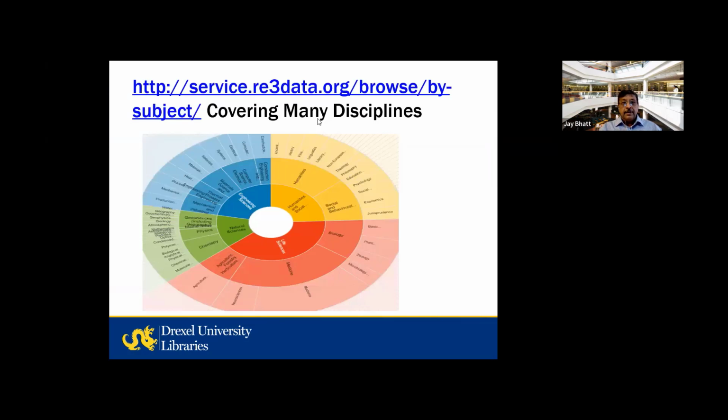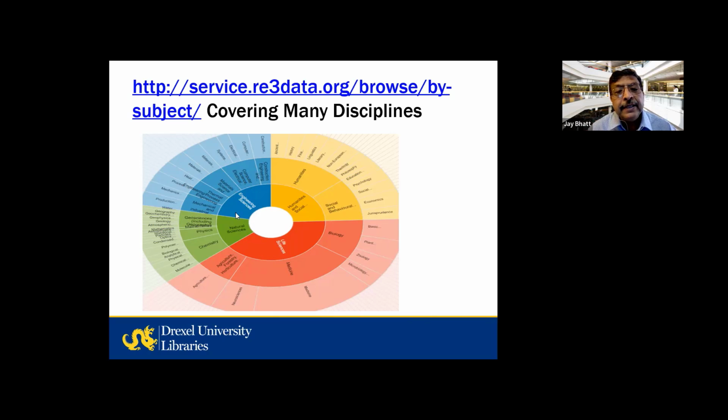Now, if you look at the subject areas here, I know it is very small, but there is a whole area for engineering and sciences, humanities and social sciences, life sciences, and natural sciences.